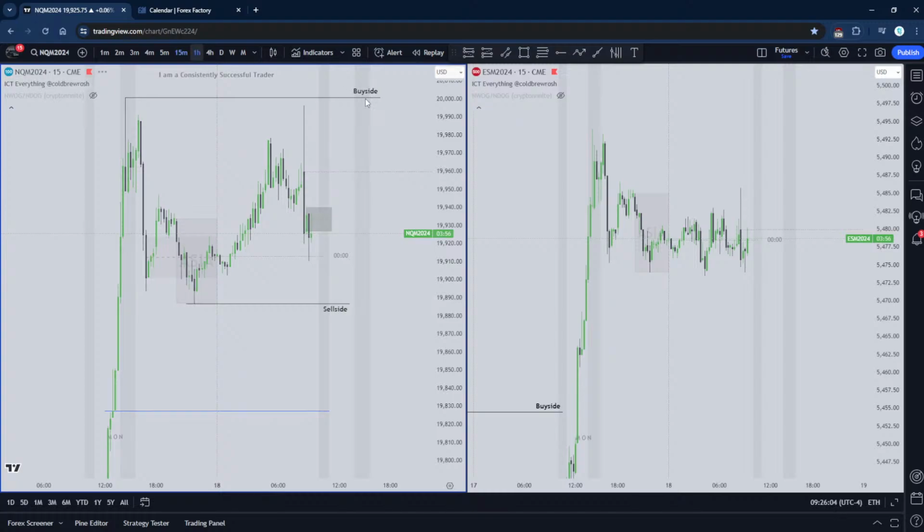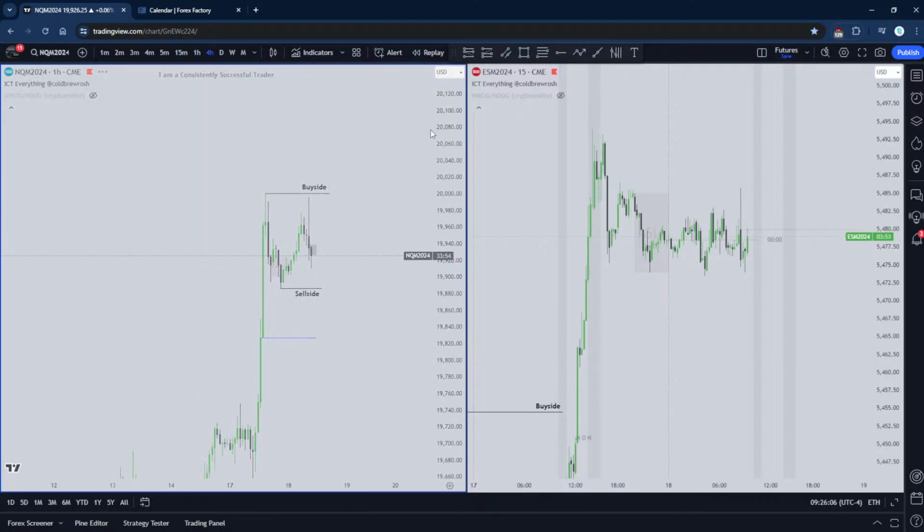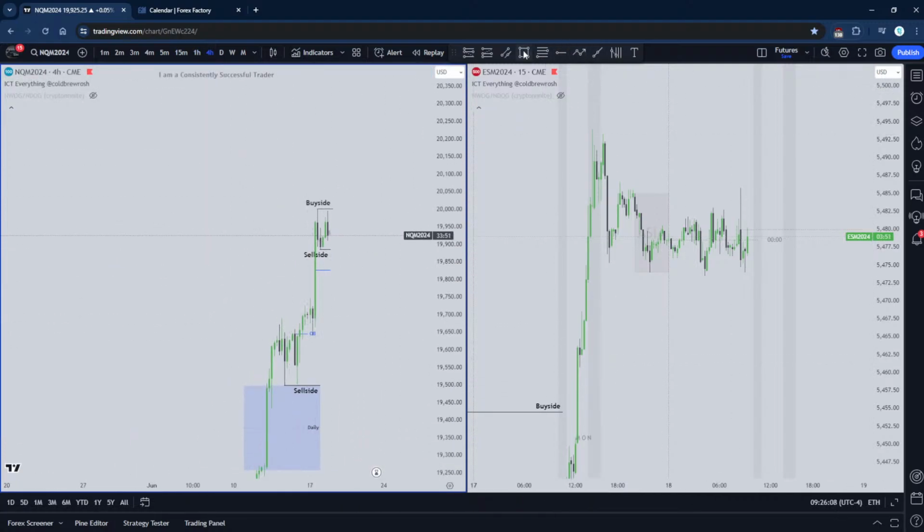Premium and discount. So I did touch briefly on this. The 4-hour impulsive leg is in high premium. However, because it did touch a PD array in there, and this is usually how NQ moves, I don't care too much about that.